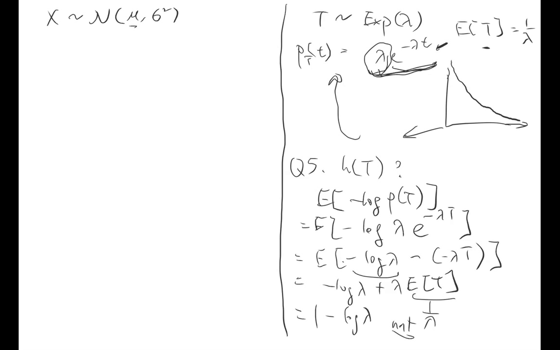Of course, if I'm not using natural log, then it's also equal to something like (1 minus log lambda) times log 2, in bits, something like that. It'll just differ by a scaling factor, just like measuring something in inches instead of centimeters. So if you use nats instead of bits, it differs by log 2.